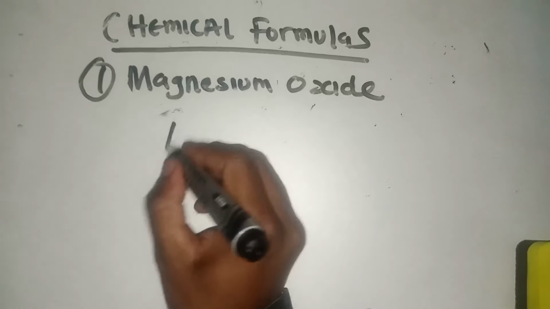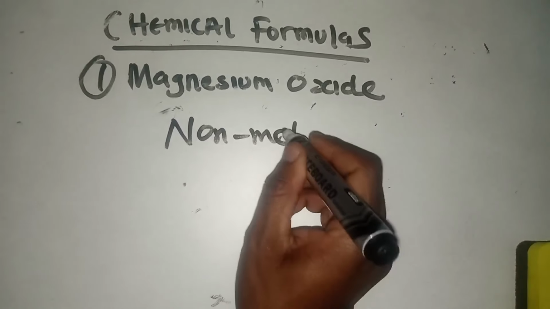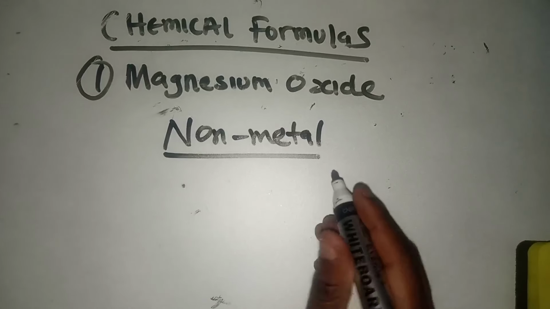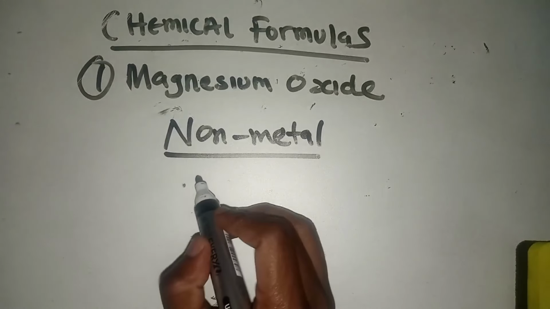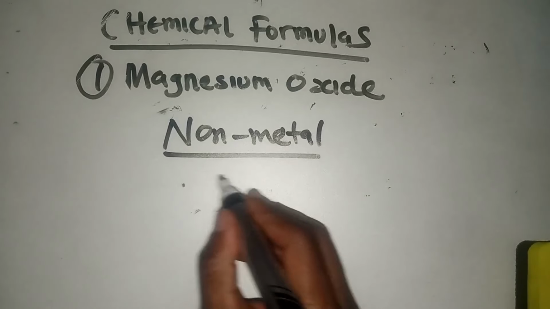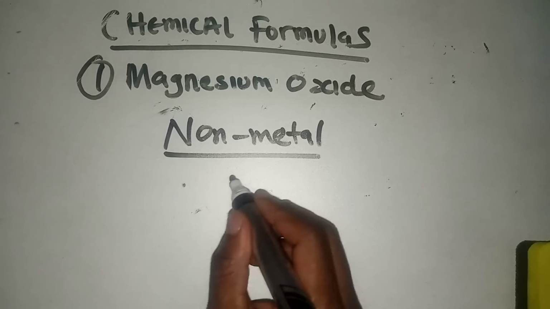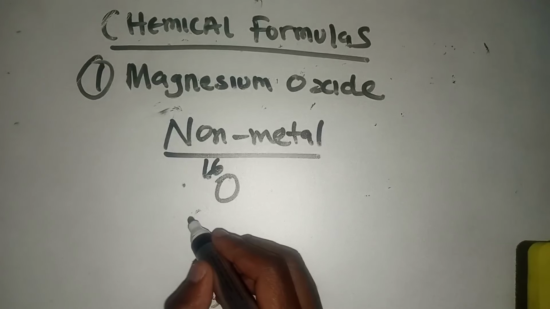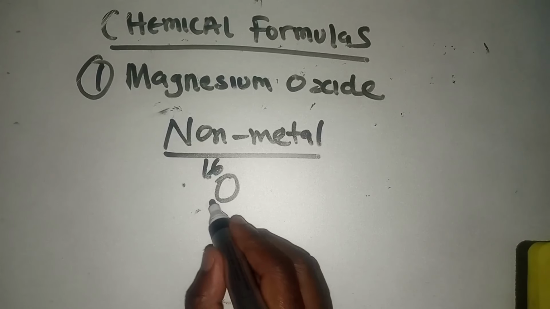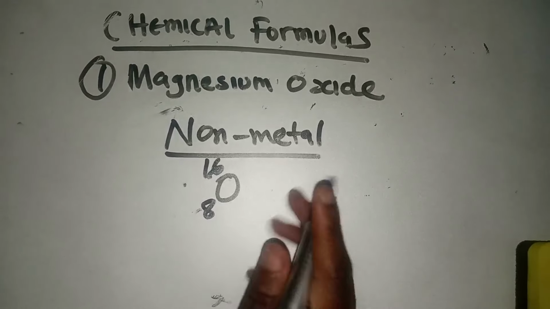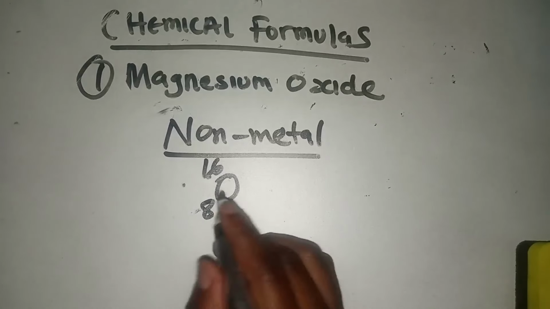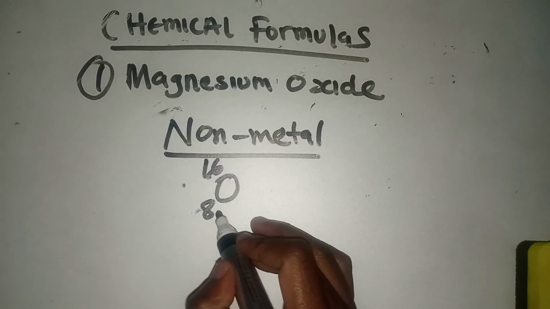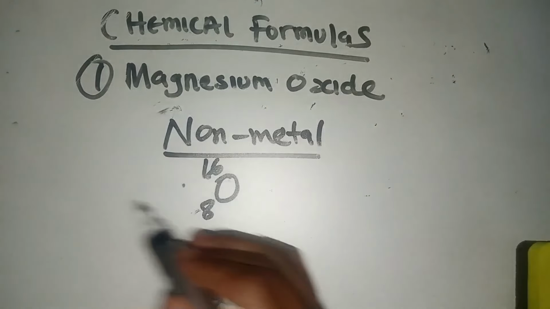Now, when it comes to non-metals, the case is different. When you want to find the valence number of non-metals, for example oxygen, which is in group 6, with a mass number of 16 and an atomic number of 8, you subtract the group number from 8.